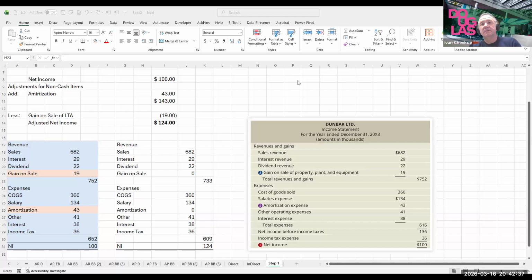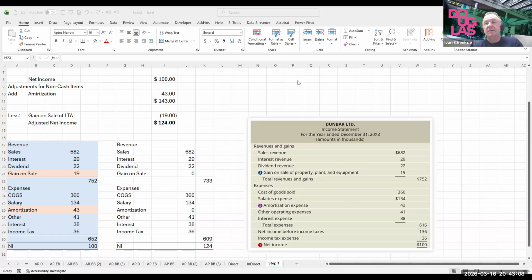If it's included in the expenses, we have to add it back. Put it this way: if it is increasing the expenses, which means reducing the net income, we have to add it back. If the inclusion is increasing the net income, meaning part of the revenue, then we have to deduct it.